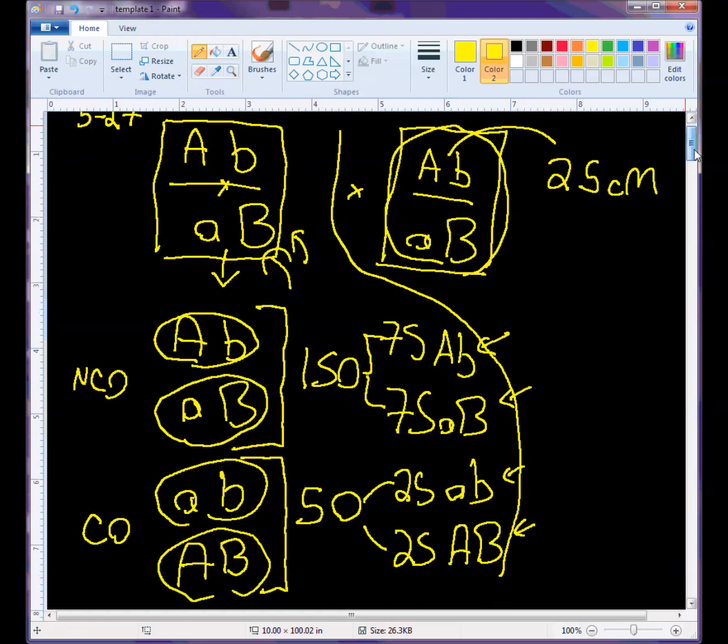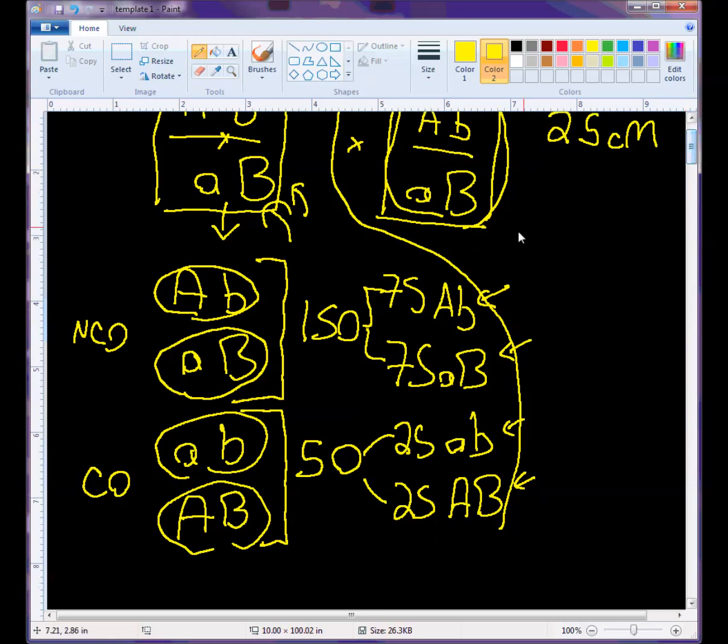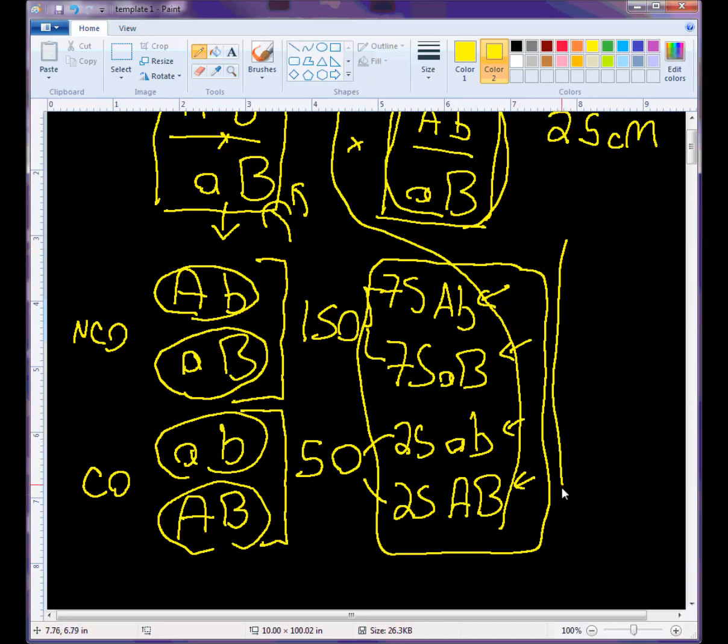So to figure out the phenotypic ratio, we need to assume that these gametes right here are going to be randomly combined with the same ratio of gametes over here. That seems kind of complicated, doesn't it? How are we going to do that?